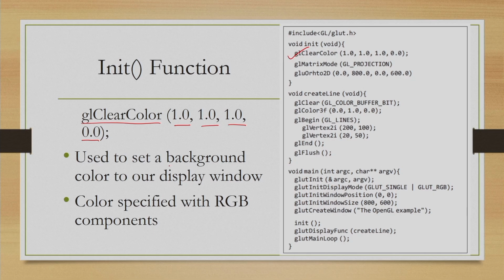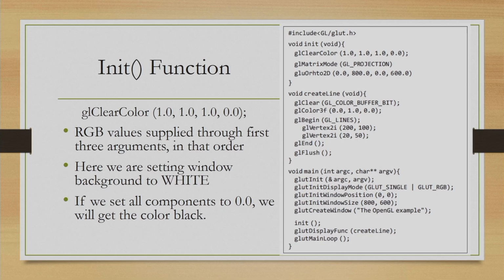This is used to set a background color for our display window, and this color is specified with RGB components. These RGB components are specified in the first 3 arguments in that order. That means this is R, this is G, this is B. With this particular set of values, as we all know, you will get white as the background color. We can set any background color. For example, if we set all 0, we will get black.